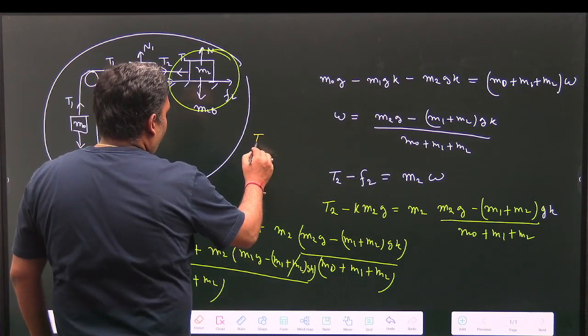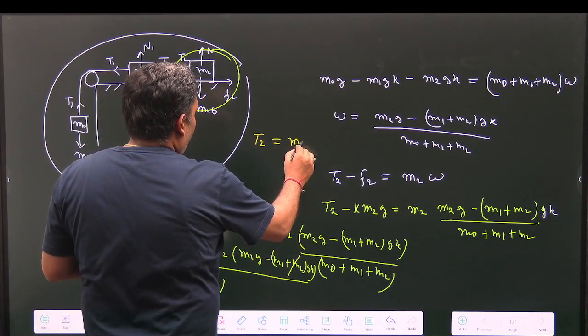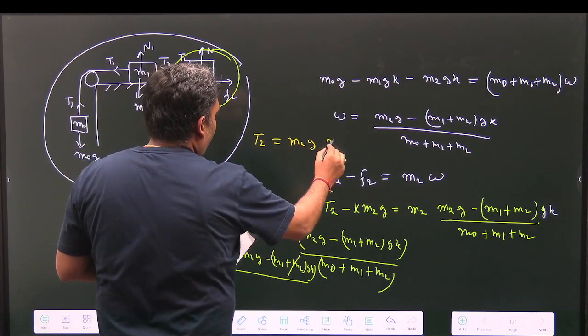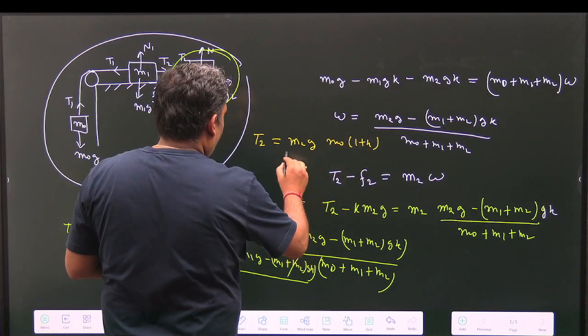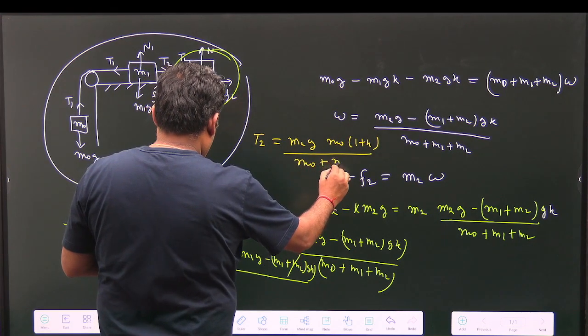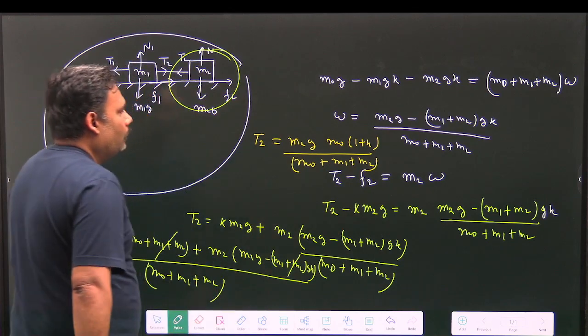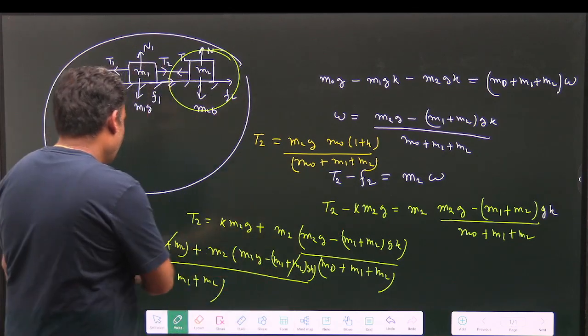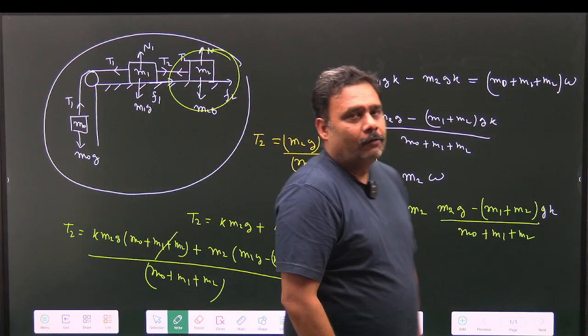So once you calculate it, T2 is equal to m0 m2 g into 1 plus k, upon m0 plus m1 plus m2. So this value is the tension. You can just easily calculate this particular thing.